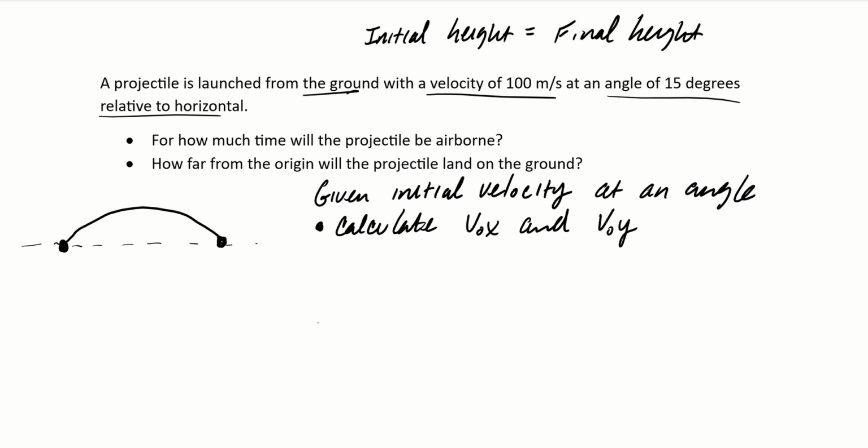So for this problem, we have a projectile launched with an initial velocity of 100 meters per second. So it's launched at an angle, and we know that the angle, according to the problem, is 15 degrees relative to the horizontal.